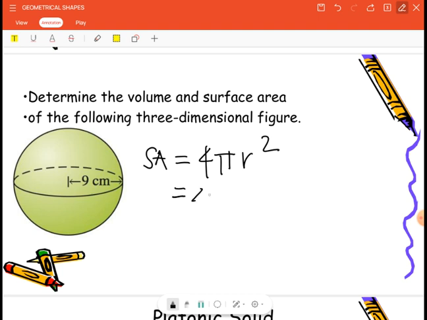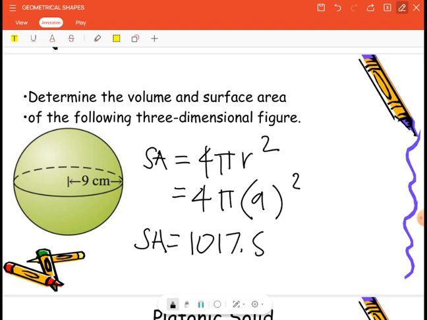And this will give us 4 pi, substitute yung value ng r na 9 squared. Yung surface area nito ay 1,017.88, ay square centimeter.